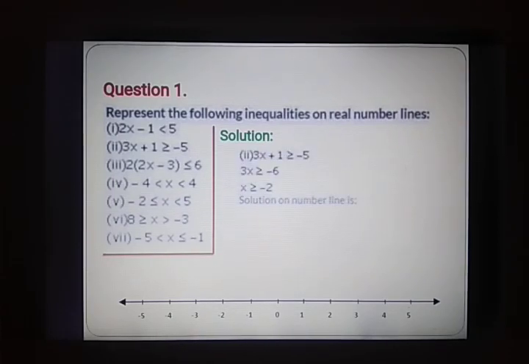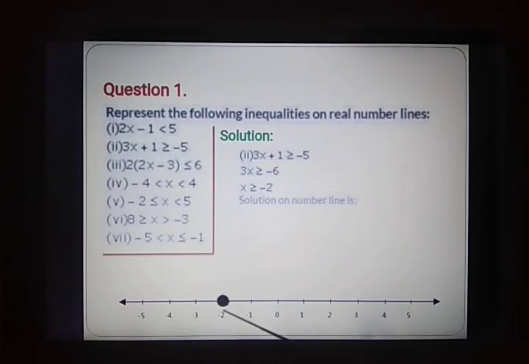Now let us see our next sum, that is number 2. So the solution is given in this way. x is greater than or equal to minus 2. That means the value of x can be minus 2 also, because there is an equal to sign. So if it can be equal to minus 2, then we have to go to minus 2, and since it is equal to minus 2, there you have to put a dark circle this way.